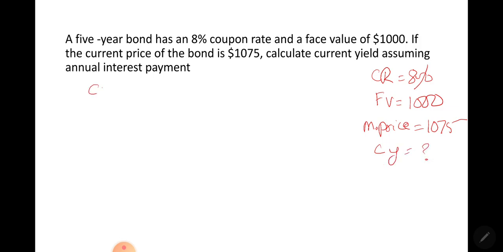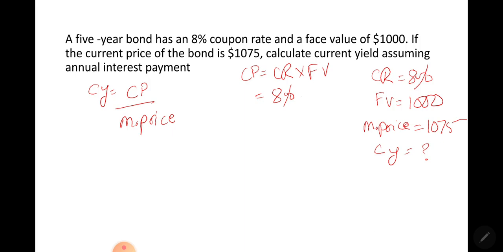So the formula for current yield is coupon payment divided by market price. Current yield, so you need the coupon payment. Coupon payment will come as coupon rate multiplied by face value. So the coupon rate is 8% and the face value is 1000.